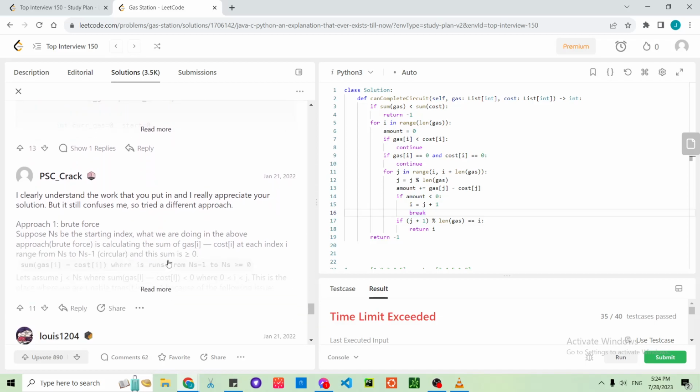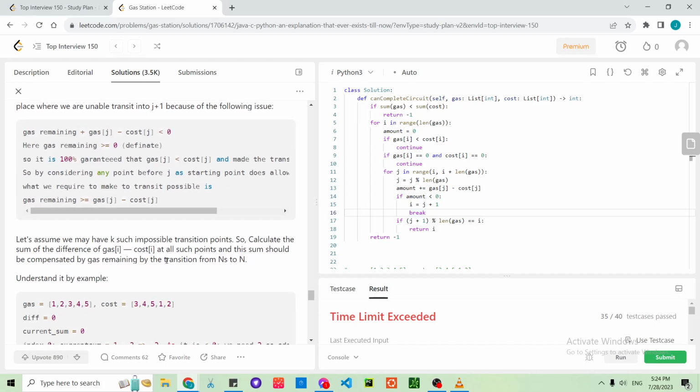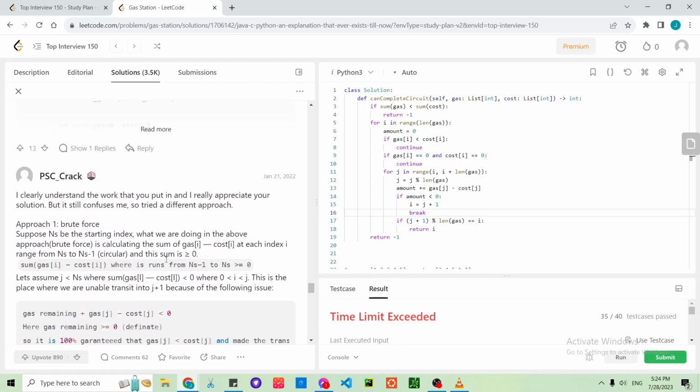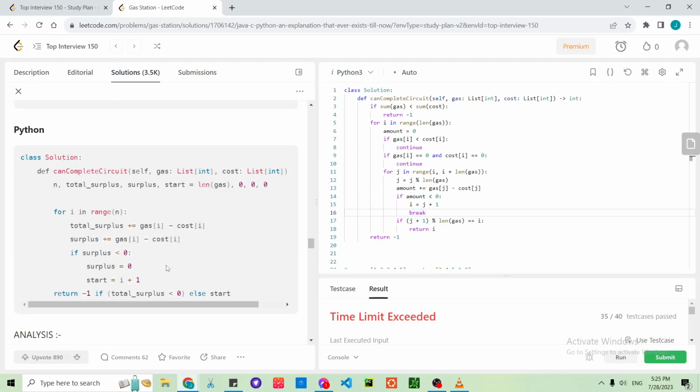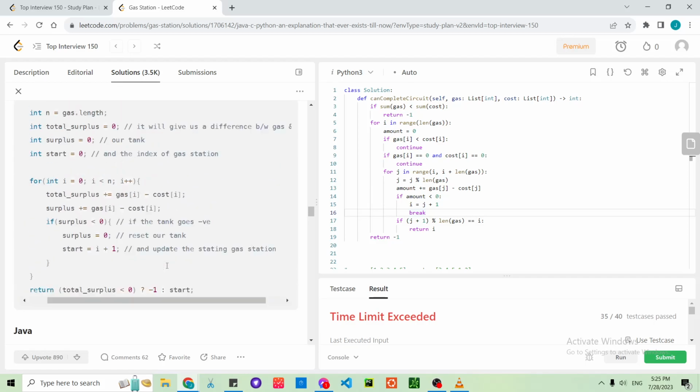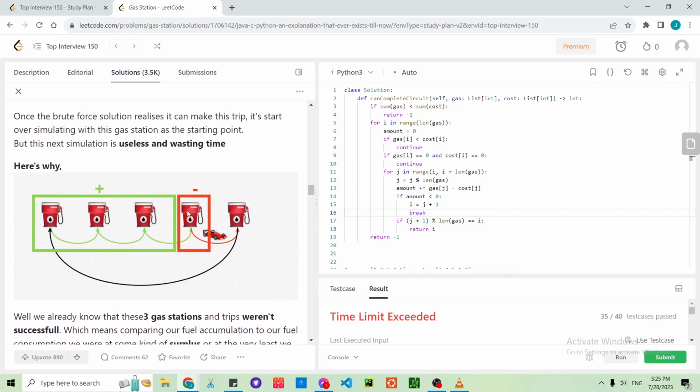Okay, I'm not actually seeing the explanation as to exactly why, if we get positive starting from here all the way and then the entire thing is also positive, that means when we get there, the rest of this will be able to complete the trip.